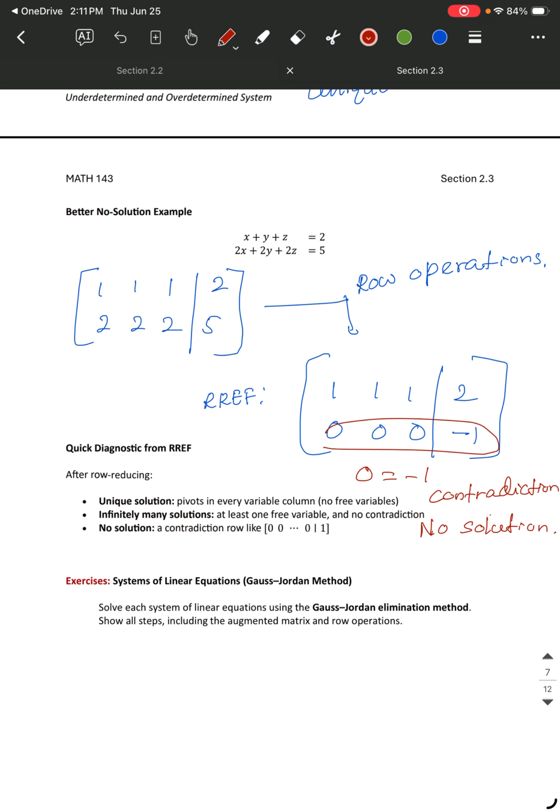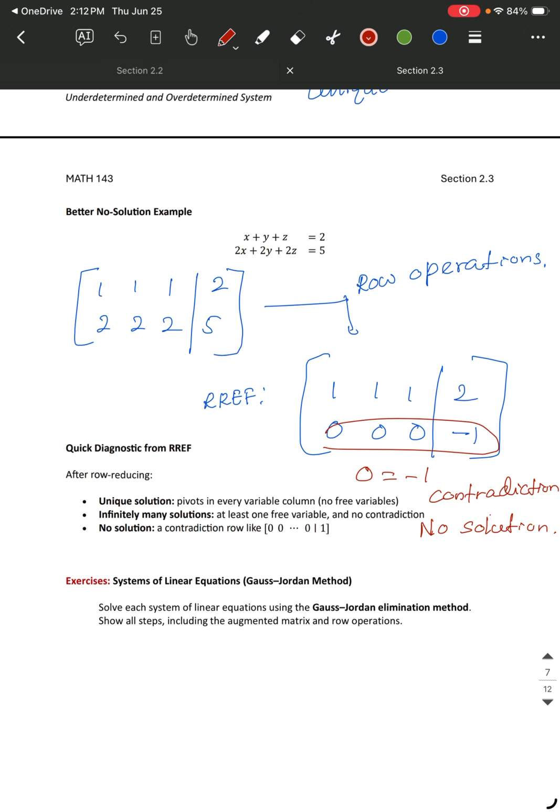Okay. So, notice that if we multiply the first equation by 2, we obtain 2x plus 2y plus 2z equals 4. And the second equation is 2x plus 2y plus 2z equals 5. Then we can see the contradiction. Therefore, the system has no solution.